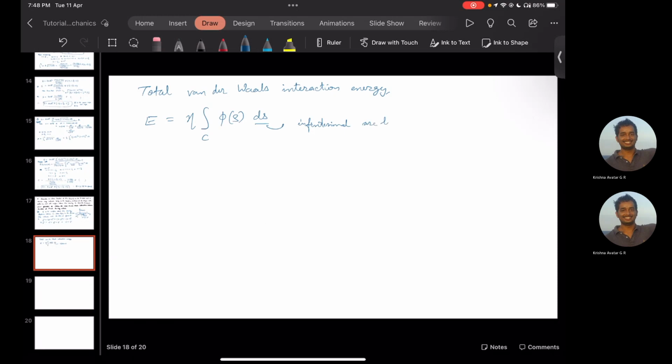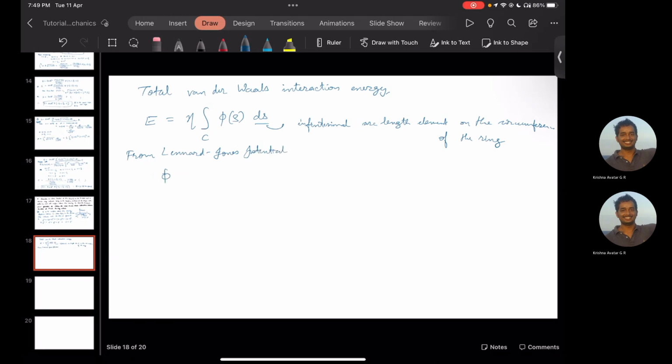length or arc length element on the circumference of the ring. So what we need is to take phi of rho. This is from the Lennard-Jones potential, is it not?